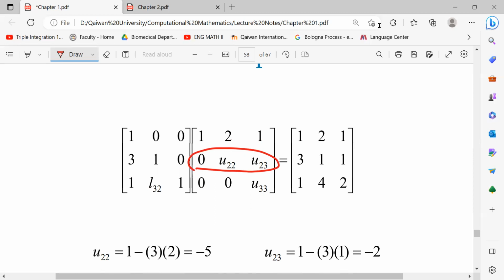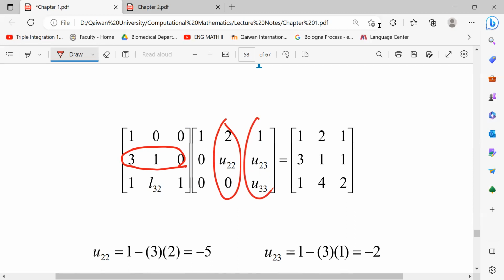How? By multiplying the second row. We don't need to multiply by this one because everything is known here. But here and here, we have some unknown variables, which are U22 and U23.